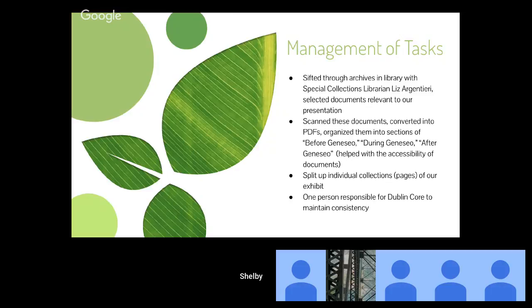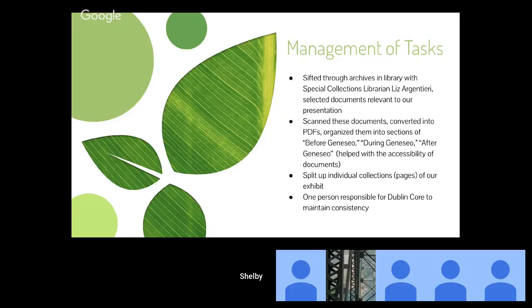We split these groups amongst the four of us to decide who would post what onto our Omeka page. Me and Dom split up the before Geneseo, Dave took during Geneseo, and Shelby took after Geneseo.